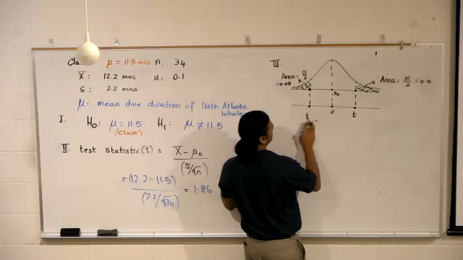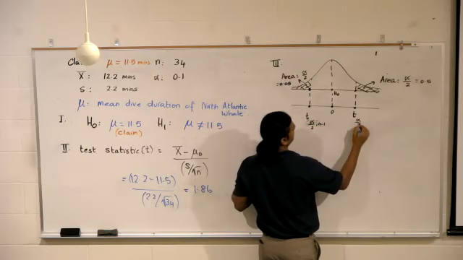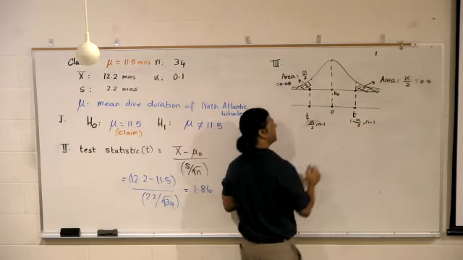How do we find this critical value? Again, inverse T. So t sub 0.05, with n minus 1 which is 33.